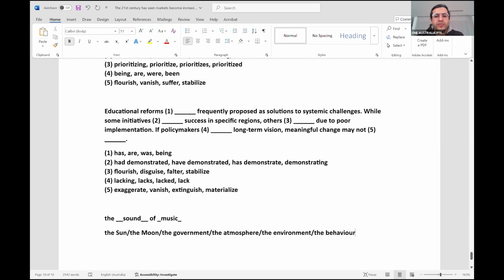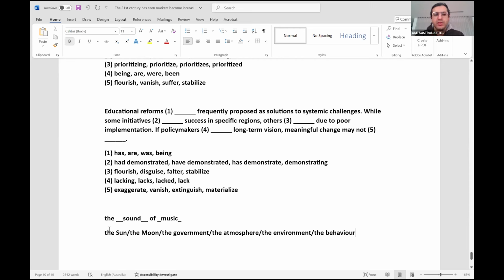Now, here also two things matter. One is obviously before such words, it is compulsory to write "the." That is one thing because these are specific things. Yes, sir. And the second thing is never write something which doesn't make complete sense.